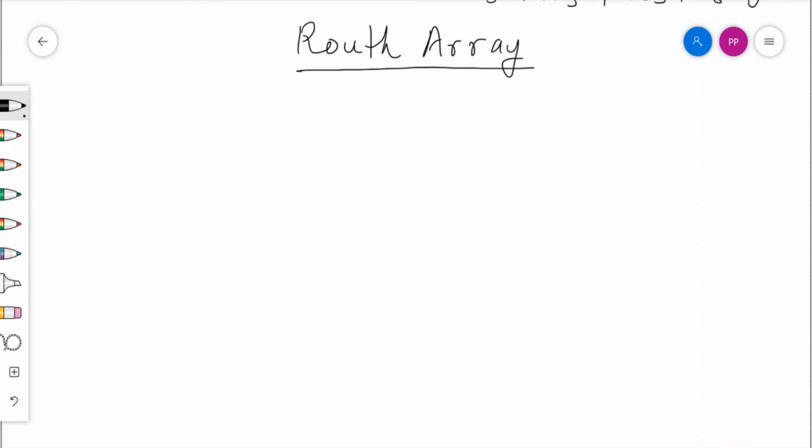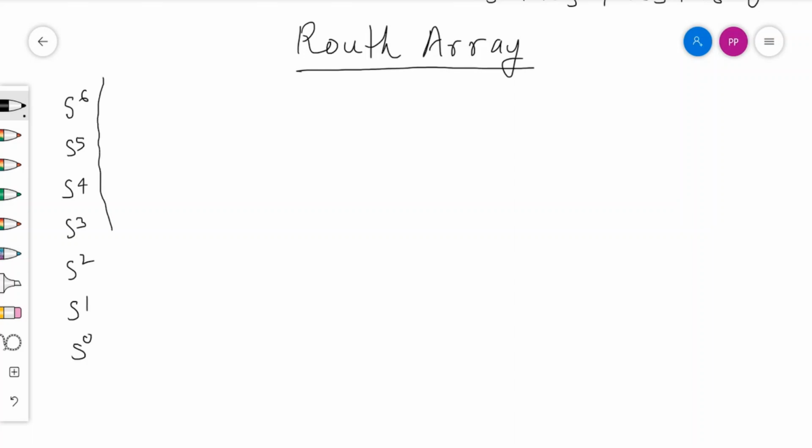So for this, the Routh array should be like this. We have the sixth power of s, so we write down the powers of s like this: s power 6, s power 5, s power 4, s cube, s square, s1, and s raised to the power 0. So we shall start filling up the values. First two elements 1 and 2.